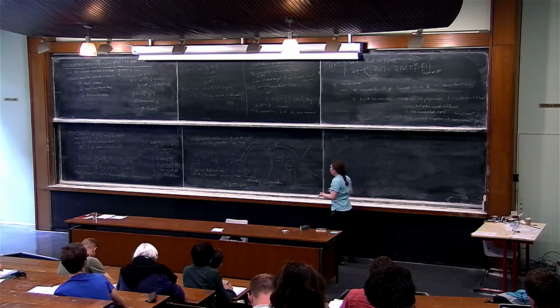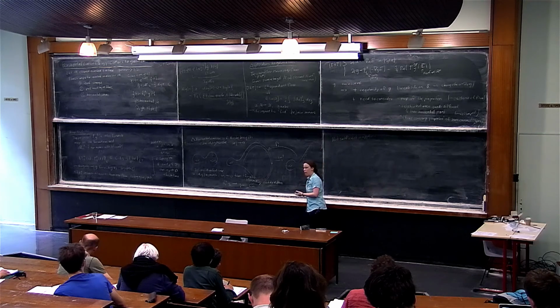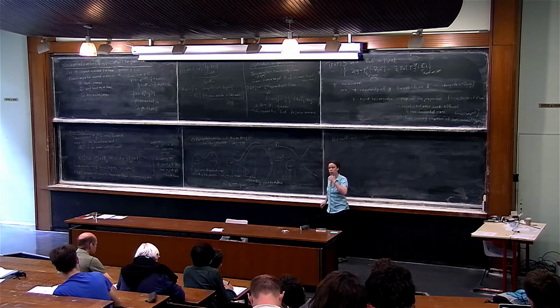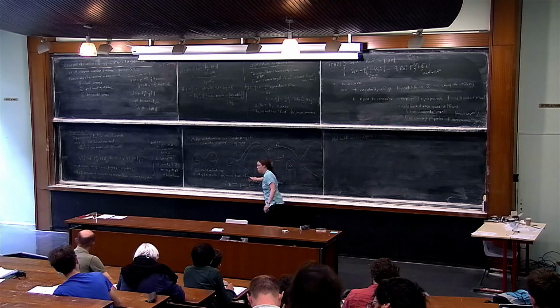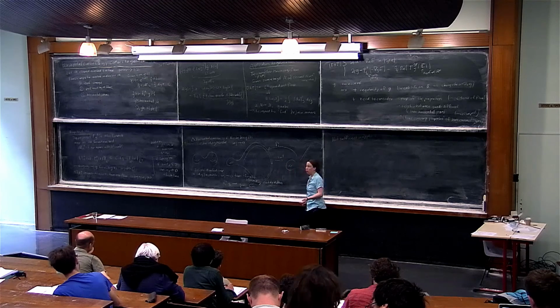So first of all, if you don't have a sequence of metrics, but if you have an evolution equation, if you have a curve of metrics, you expect better than having to pass to a subsequence. That's something you do not want to do.